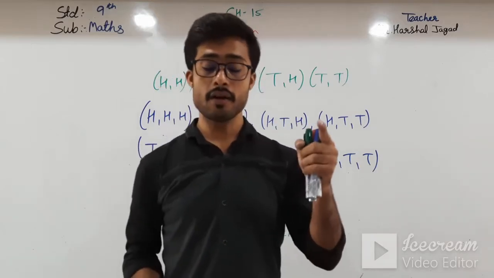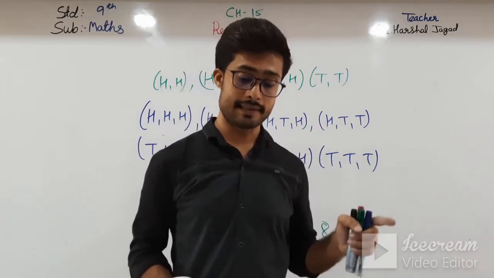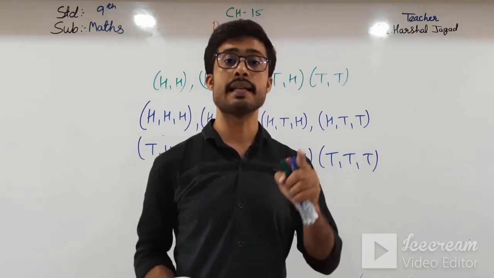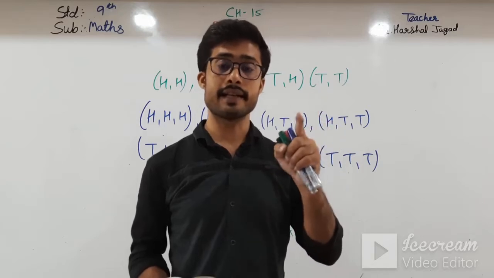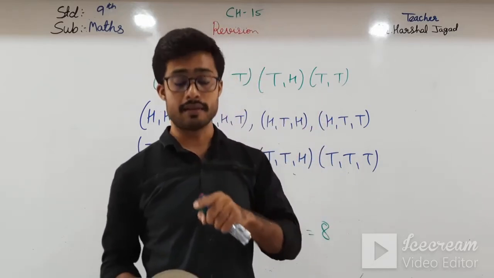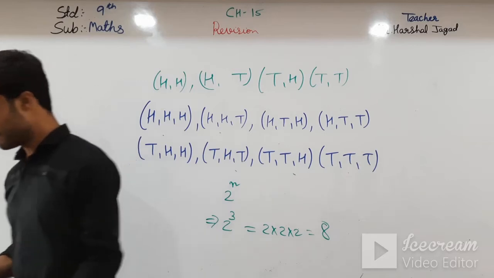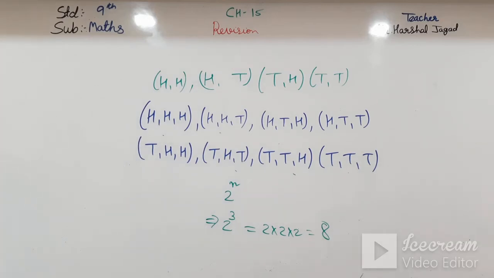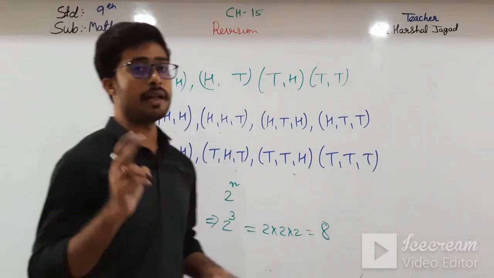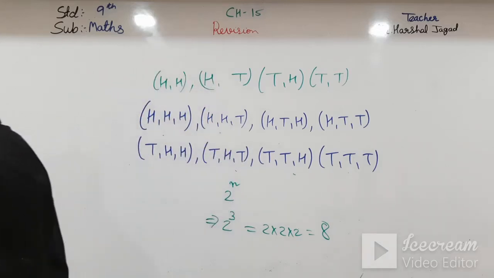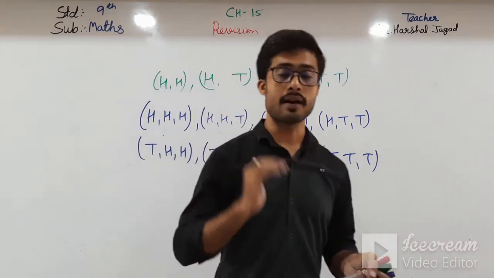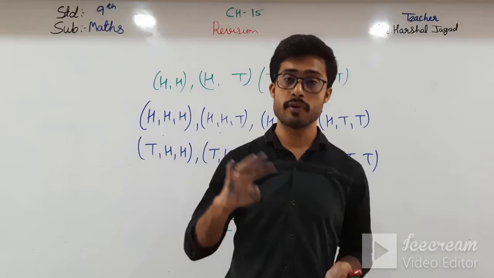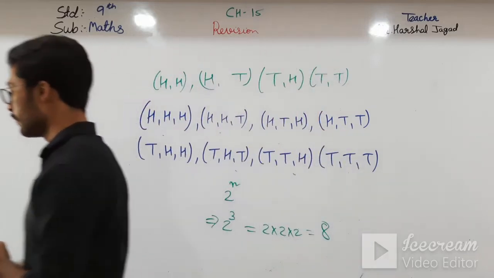So for getting 1 on the dice the frequency is 179, so the probability is 179 upon 1000. Okay students, and for 2 on the dice the frequency is 150, so 150 upon 1000, and 3 and 4 as it is given. You have to do that.